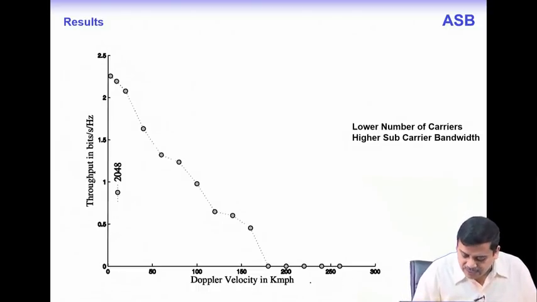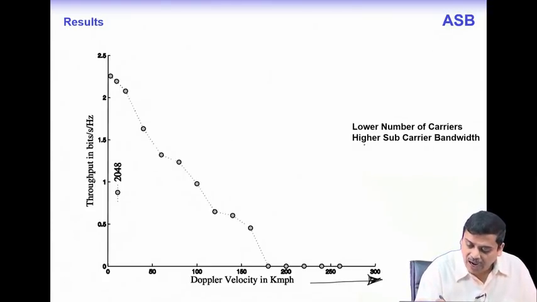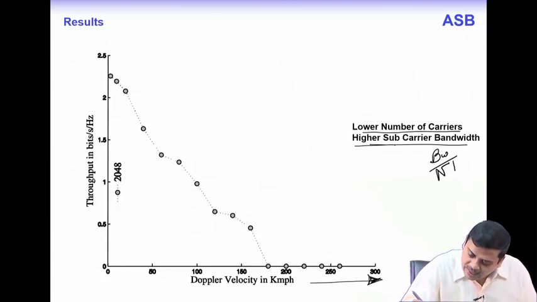Here, what we have plotted on the x axis is the velocity, okay. A higher number of subcarriers, or conversely a lower number of subcarriers, indicates higher subcarrier bandwidth, because you have bandwidth divided by N. So, as N increases, delta f decreases, or vice versa.